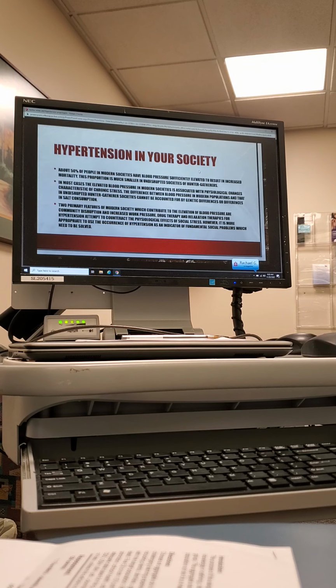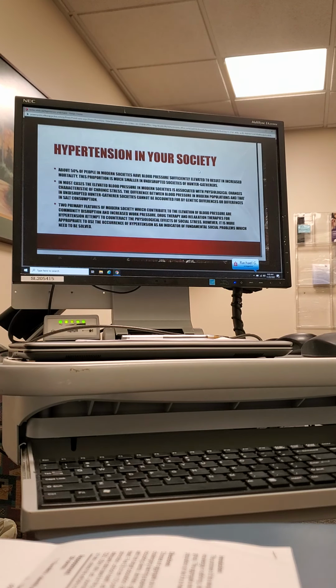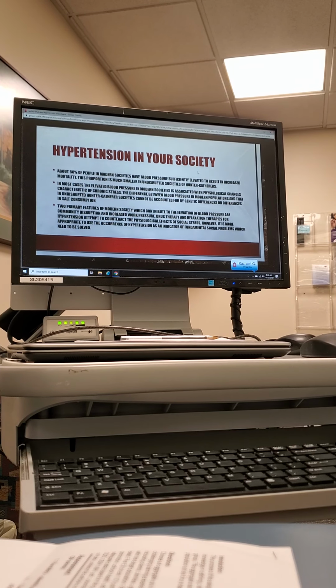What they mean by that is, like recreational marijuana use, meditation, relaxation therapies, massages, anything to reduce your stress level, because a stress level can have a huge impact on your blood pressure. However, it's more appropriate to use the occurrence of hypertension as an indicator of fundamental social problems which need to be solved.